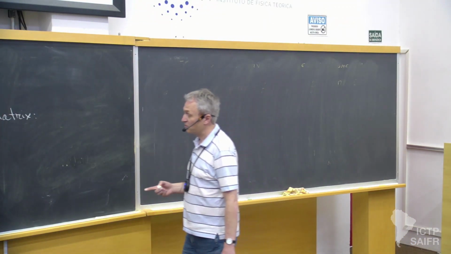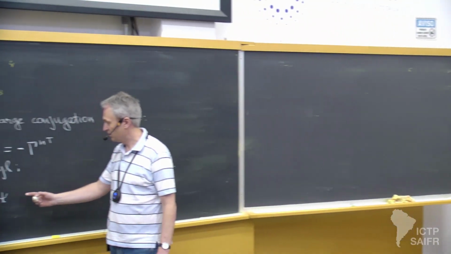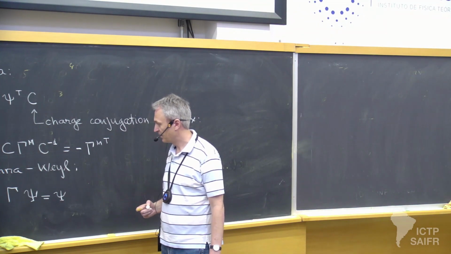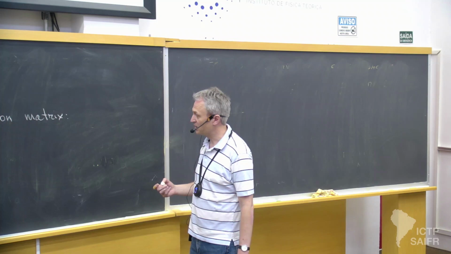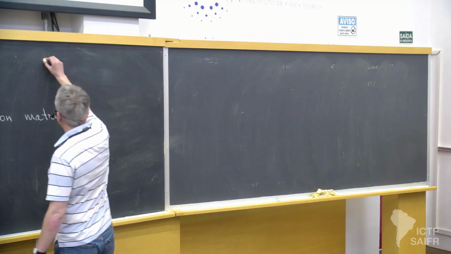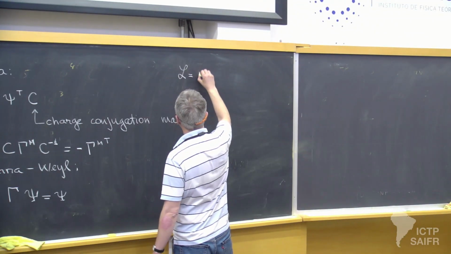So let me say a few words about why these conditions are dependent on the dimensionality of space. You, of course, want to use them in the Dirac Lagrangian.